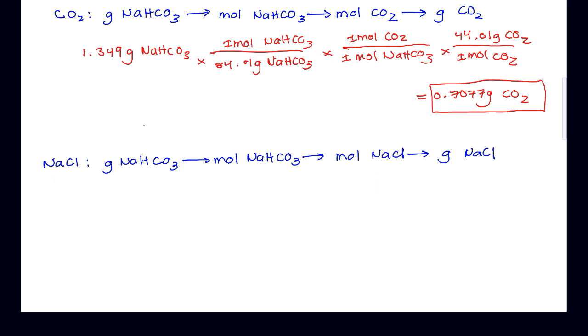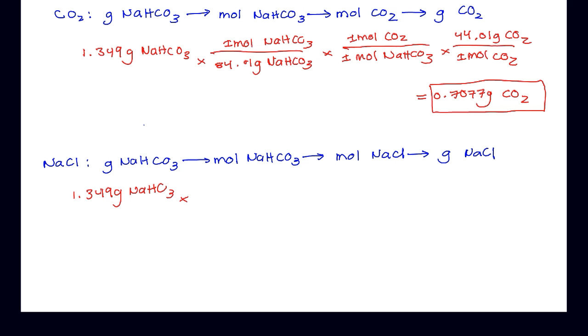And the roadmap is very similar. The only difference is at the end we need the molar mass of the sodium chloride instead of the carbon dioxide. So we'll start with the same 1.349 grams of sodium bicarbonate.